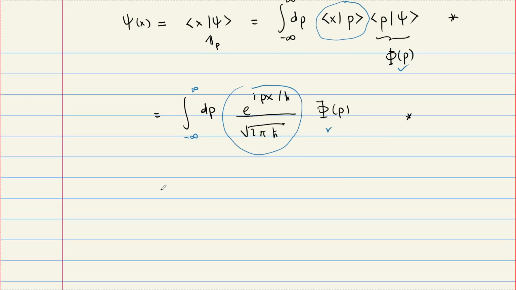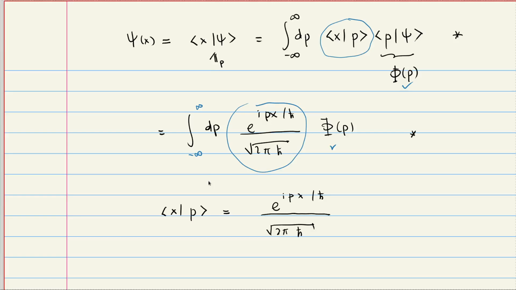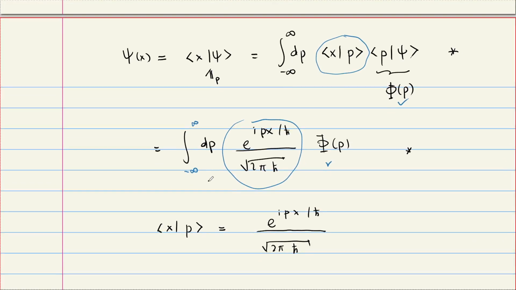Then the inner product between x and p, ⟨x|p⟩, is e to the i p x over h bar divided by the square root of 2 pi h bar. If you forget it, that's how you derive it. Sometimes I forget whether it was px or xp. You can always just do these two lines of calculation and derive this relation.